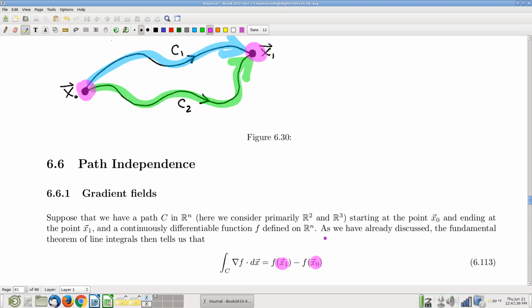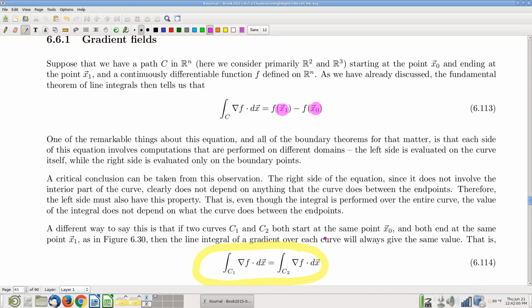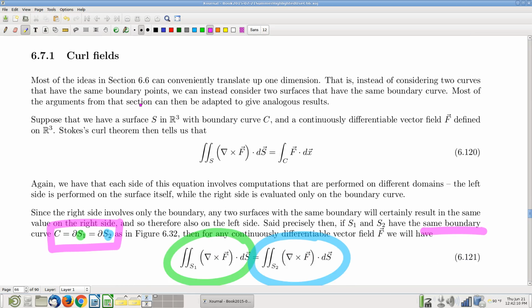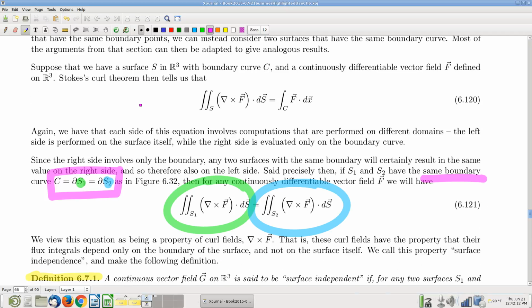Because they have the same boundary points, and the special vector field here is a gradient, this line integral and that line integral are both computed by changes computed on their boundaries. They have the same boundary, therefore they have the same change, therefore they have the same line integral, thus giving us path independence. It's a total rip-off of those ideas.